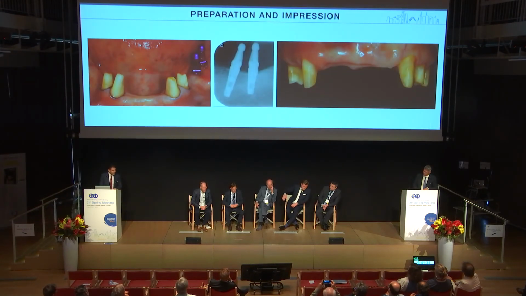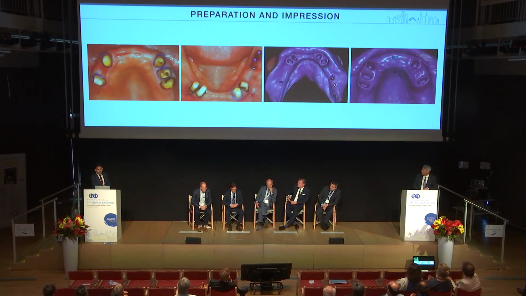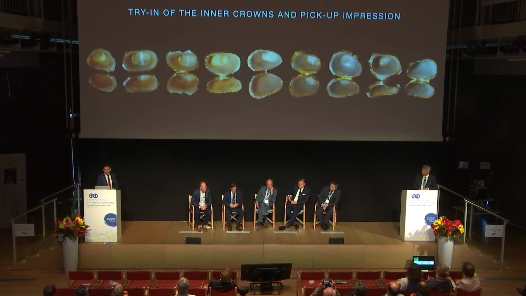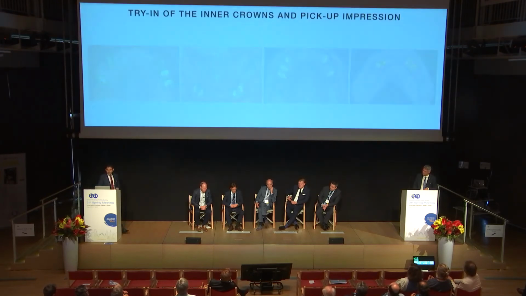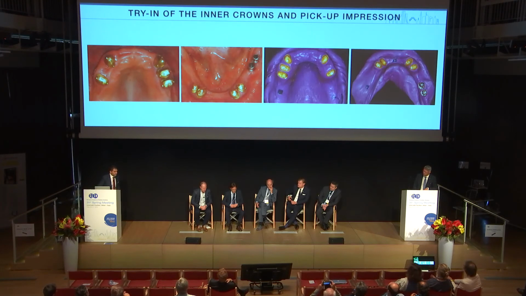So we make the final impression after preparing the teeth, and here comes the invasiveness that I mentioned, that you need to prepare the teeth with a telescope-retained procedure compared to a clasp-retained one. And now you go for the final impression, upper and lower, and then the lab technician will fabricate the inner crowns that will be verified for their fit, and then we'll go for a so-called pickup impression.